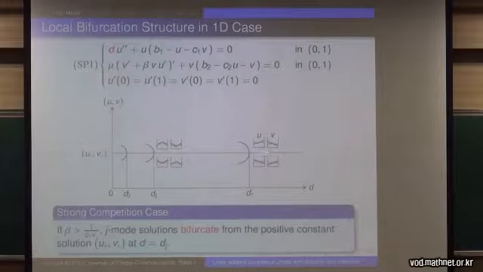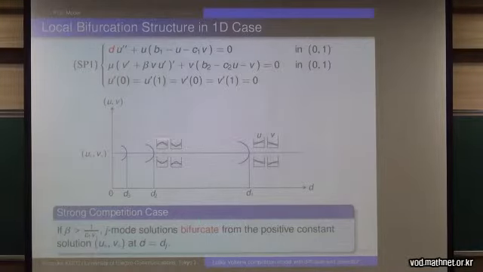This line denotes the positive constant solution, which is independent of D. So this is the first bifurcation point, D1 here. From here, a monotone solution bifurcates from the positive constant solution like this. This is the profile of U and V.